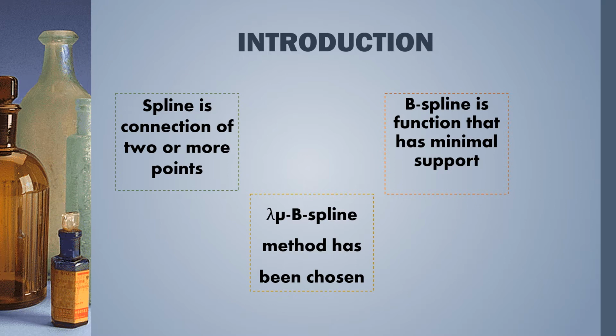Besides, B-spline allows local control over the surface curve. Each vertex affects the shape of a curve only over a range of parameter values. In this analysis, one method of B-spline has been chosen, which is the Lambda Mu B-spline method.